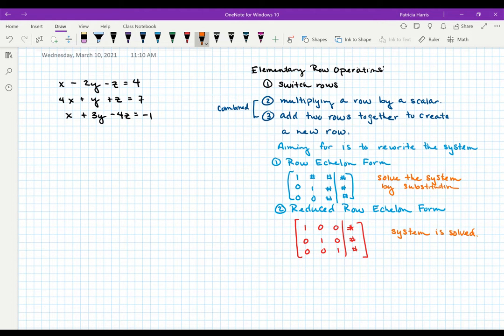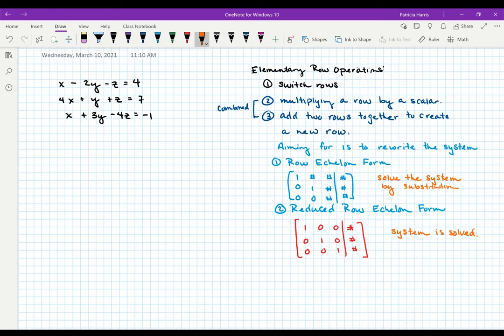Okay, so let's try one of these out. These, again, like Cramer's rule, if you're doing these by hand, there's lots of room for little errors. Okay, but we're going to solve this system on our left using elementary row operations. Okay, we'll probably just take it to row echelon form and not reduced row.